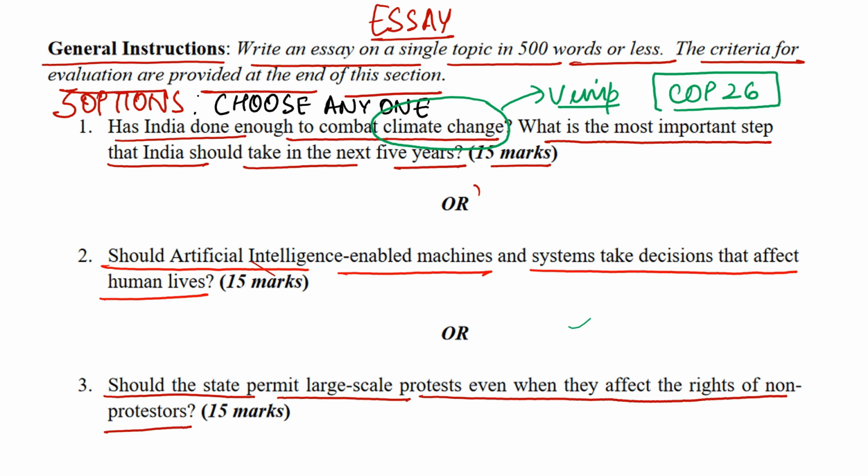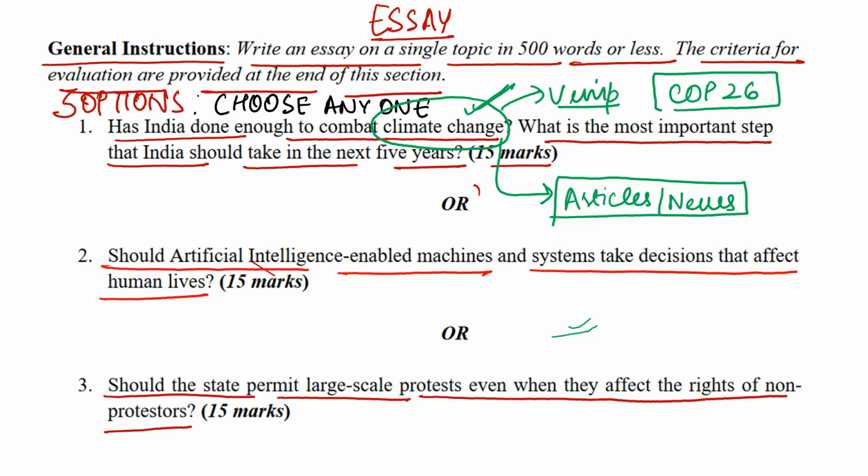Before that, Diwali happened, there was pollution. There were a lot of articles and news pieces, a lot of situations and circumstances wherein climate change was questioned, right? So they are saying that you have to show your knowledge. You should not only talk about one thing, you need to talk about multiple issues.